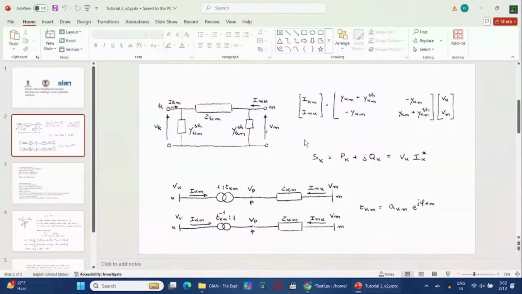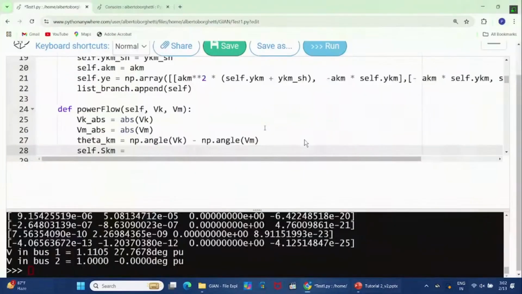So we can try, and we will see. We also have a check, because in bus 2 we know that the power needs to be the power of the load. So we can write SKM equal to VK times, and then in parentheses we need to store the current.